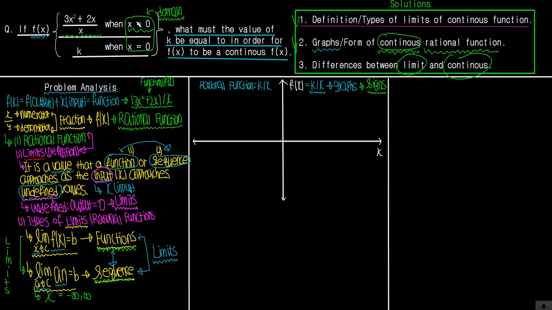Let's think about when the k value is positive, which is greater than 0. When it is positive, the graph of a rational function will be in the first quadrant and the third quadrant.